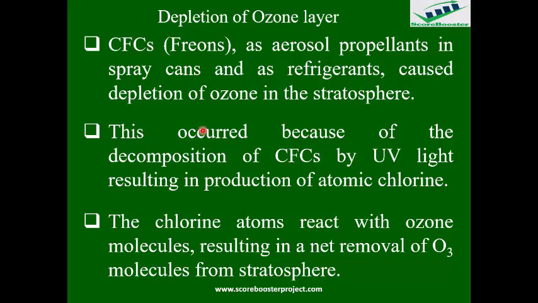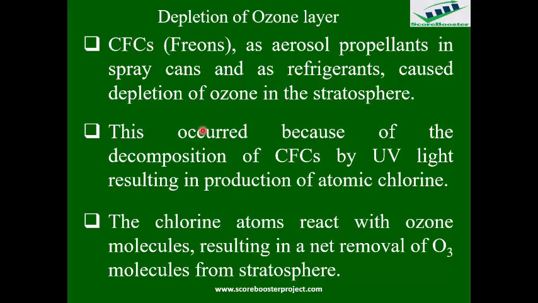When these are released into the atmosphere, the energy of the sunlight breaks them. If it breaks them, we have release of chlorine. This chlorine is atomic chlorine. The chlorine will now attack the ozone and break the ozone into oxygen and one compound that contains chlorine and oxygen.